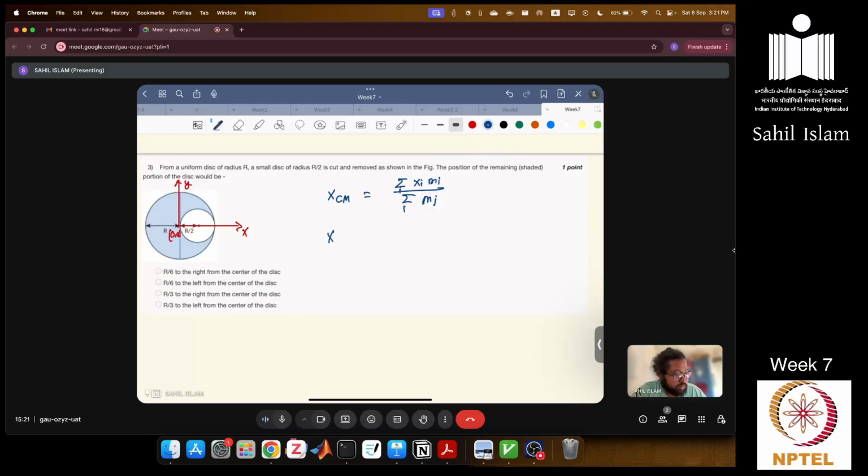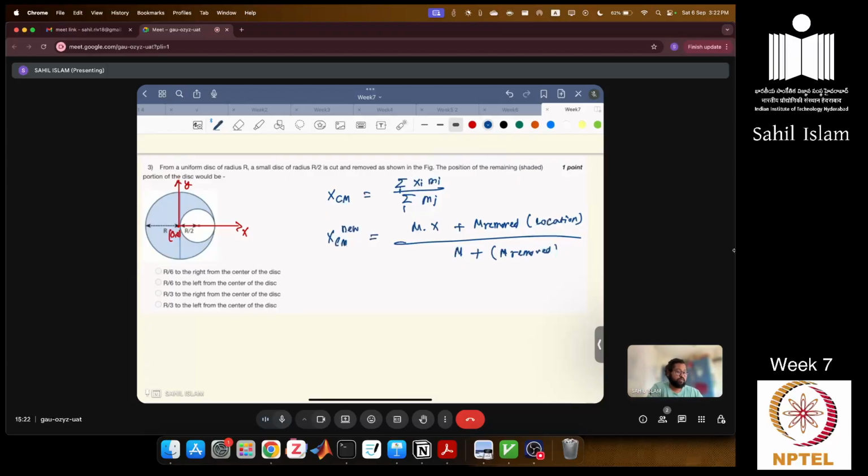So the new center of mass would be the old mass times old position plus the mass removed times the location of the removed mass, divided by old mass plus mass removed.